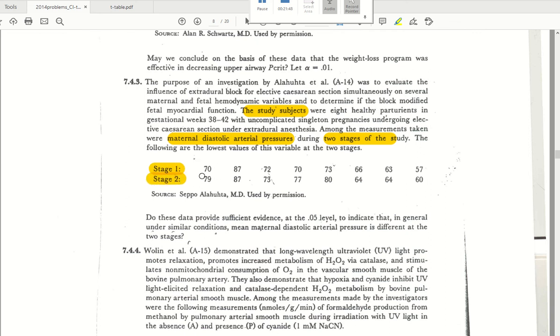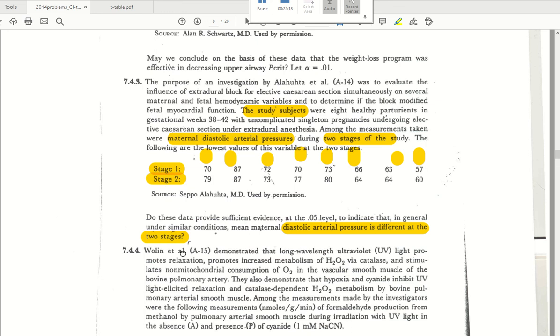And if you count how many values you have, well, 1, 2, 3, 4, 5, 6, 7, 8, because we have 8 women and every woman is providing 2 values. Let's read the question. Do these data provide sufficient evidence at a 0.05 level, in other words alpha of 0.05, to indicate that in general, under similar conditions, mean maternal diastolic arterial pressure is different at the 2 stages?